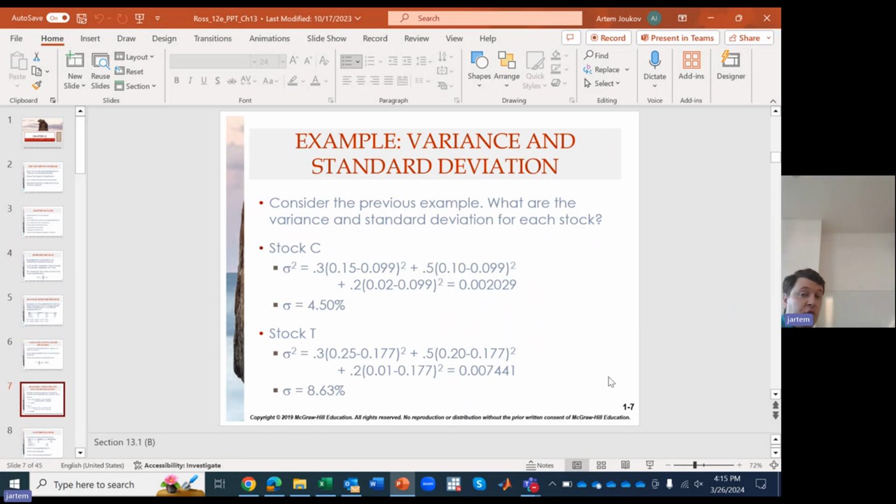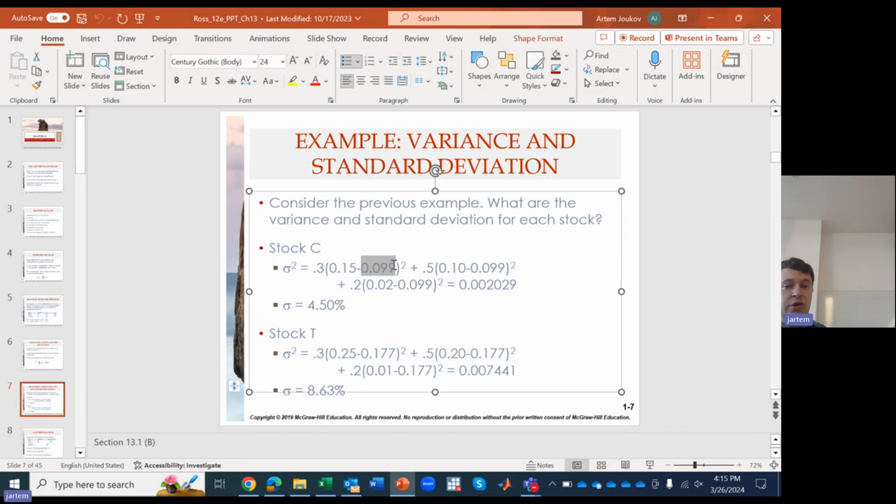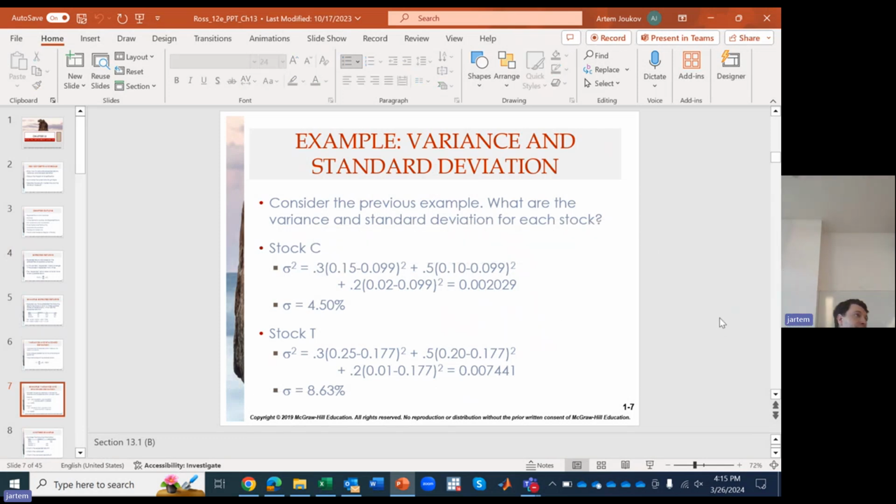We subtract from that the average return across all states, then we square it, and then we multiply it by the chance that that happens. We get all of that from the prior chart and the average calculation. The chance that it happens is 30%. This is the average.